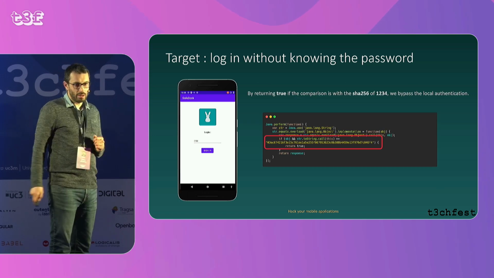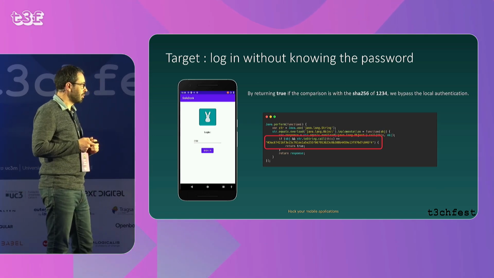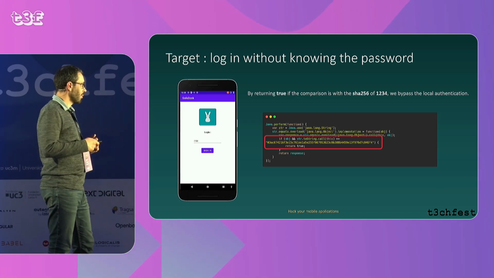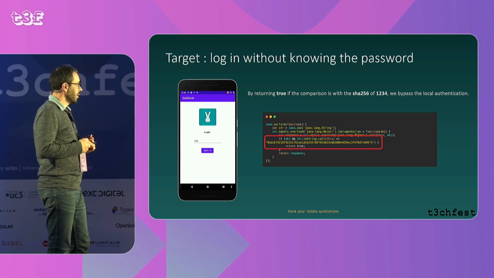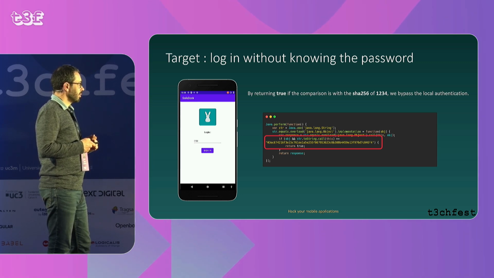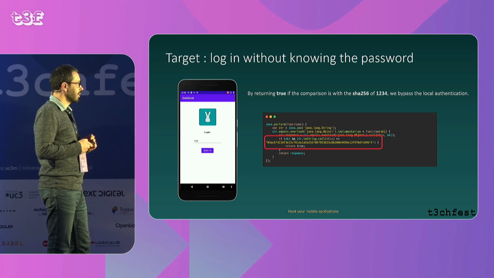So what I will do, in fact, I will replace my log by this line of code. I will say, each time you use the equals method, if one parameter is 0, 3, and so on, return true directly.